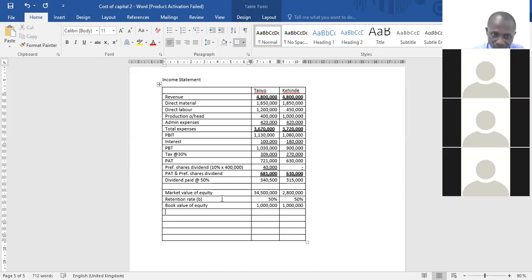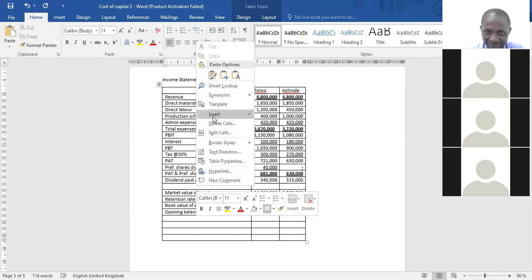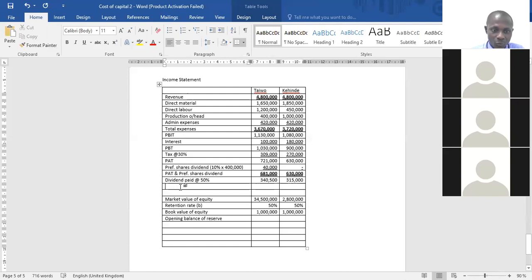Then what's going to be our opening balance of reserve? Now, if you look at the current year, our reserve for Taiwo is 340,500. Let me include another column so that you understand.